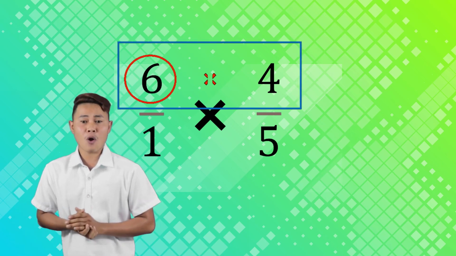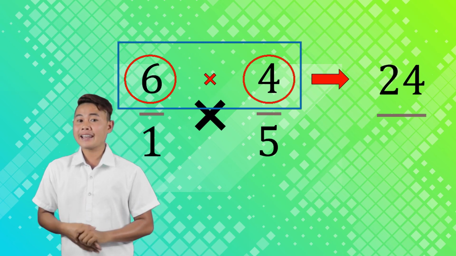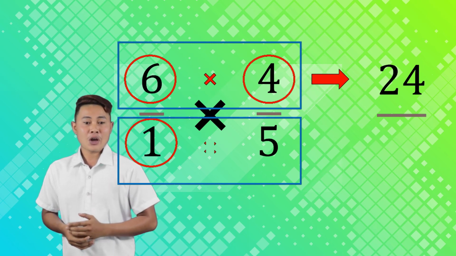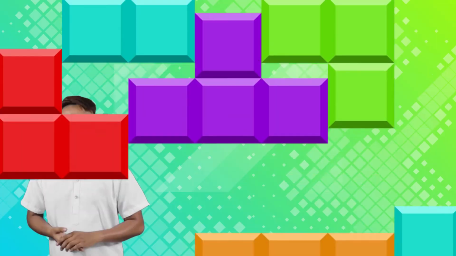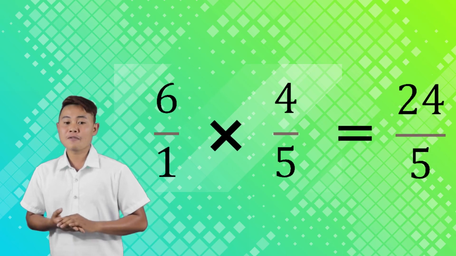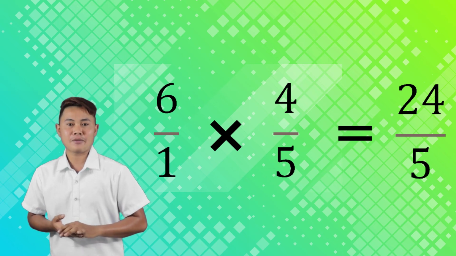We have 24 as the new numerator. Then, multiply the denominators 1 and 5. So we have 5 as the new denominator. So, 6 over 1 times 4 over 5 is equal to 24 over 5.